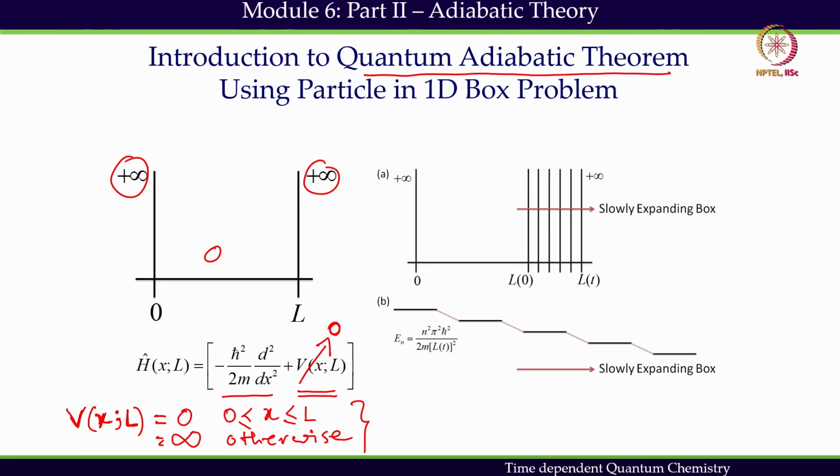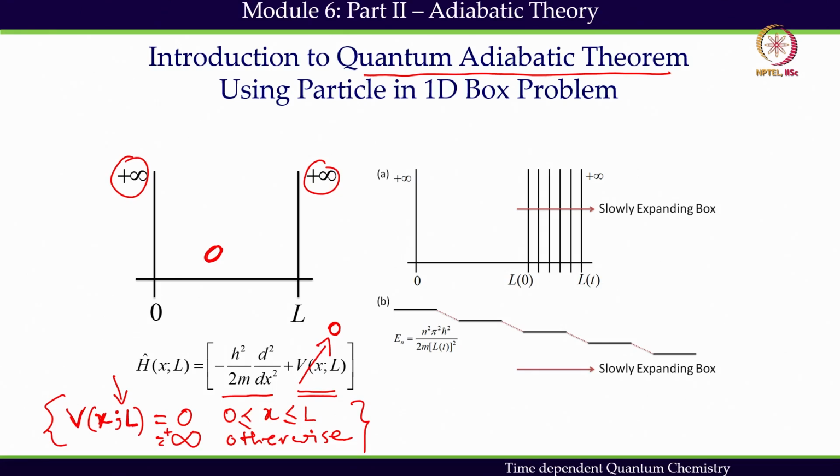So this is the defining condition of the potential, where the potential is 0 inside the box, and outside the box it is infinite. We have included this L term here to maintain the notational accuracy. In general, this is not done in the popular quantum mechanics books, because they assume that L is constant and also V is 0. They directly write it down that way.